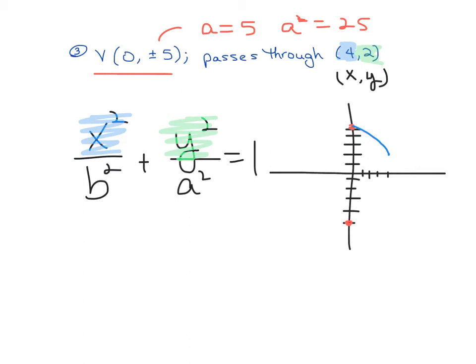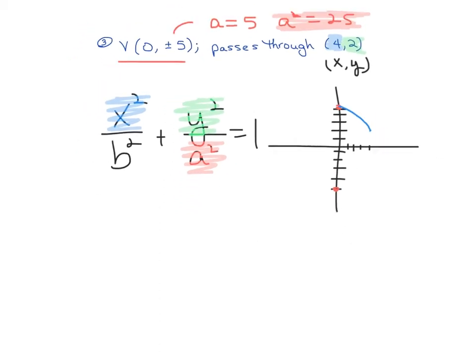I have my a value, so I can square it and put it here. And now my only unknown is the b squared. So let's go ahead and put in what we know. So 4 squared and then 2 squared. I don't know b squared, and I know a squared is 25, and it equals 1.